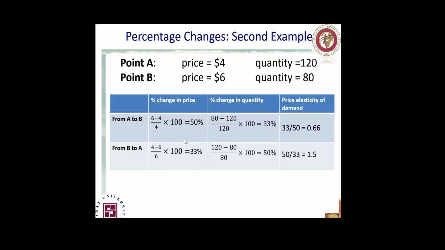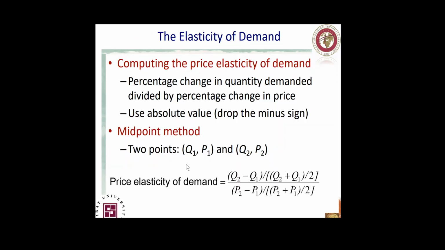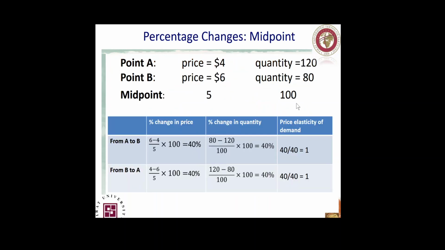If we apply, as we did earlier, the procedure of calculating the end value minus the start value over the start value, we will get different values. Well, if we apply the same midpoint procedure here, we will not get any different answer. We will get the same, moving from A to B or moving from B to A.